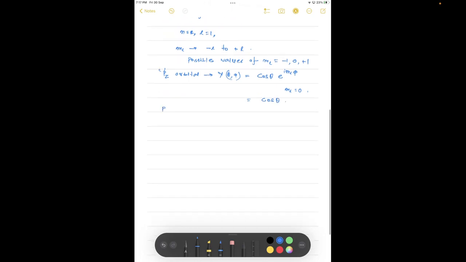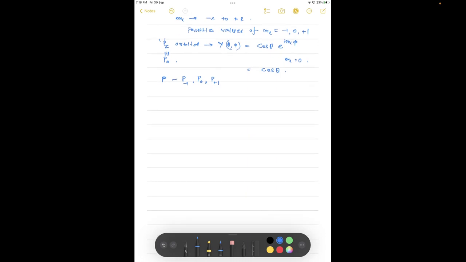Now this is for p0, that means we denote the p orbitals by 3 ml values, right? So p minus 1, p0 and p plus 1. The pz orbital is actually p0, that's why we put ml equal to 0, so it will be just cos theta.